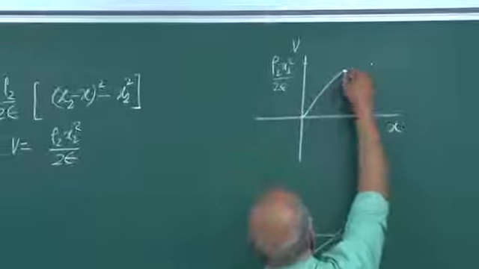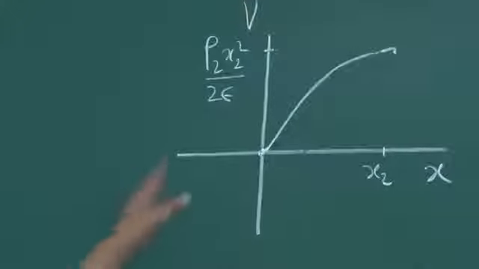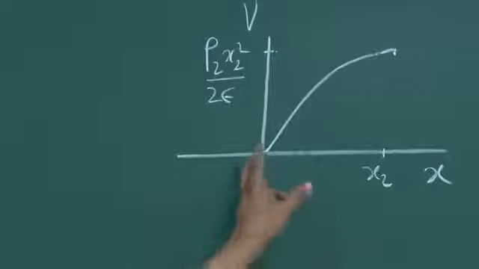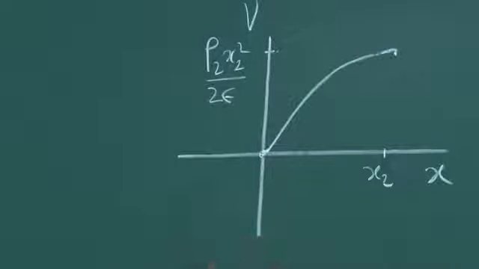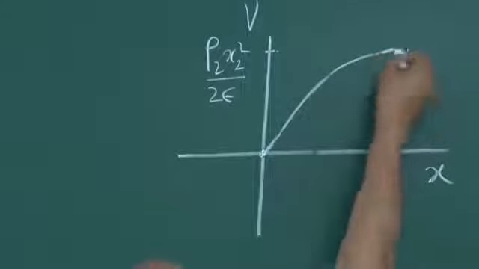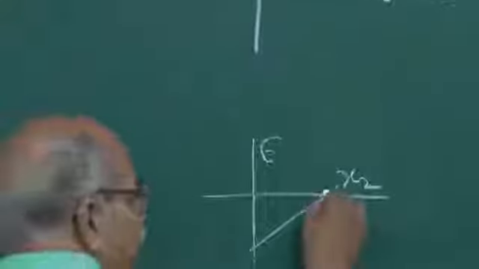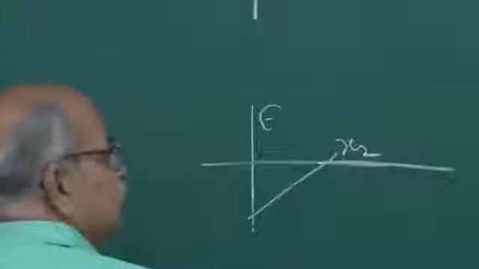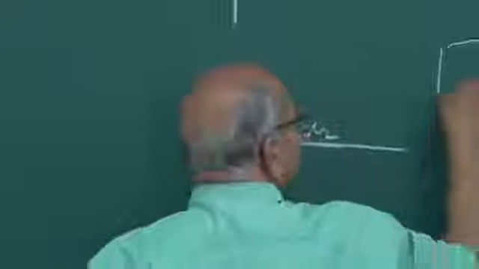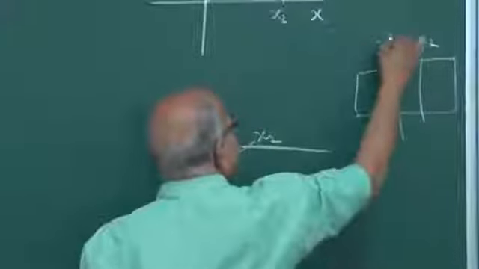It should be of this kind. Right? So that should be the kind of plot, quadratic, joining this point, and slope gradually decreasing as you increase x, and beyond x2, right? Beyond x2, that means in your PN junction, this is x2 and this is minus x1.